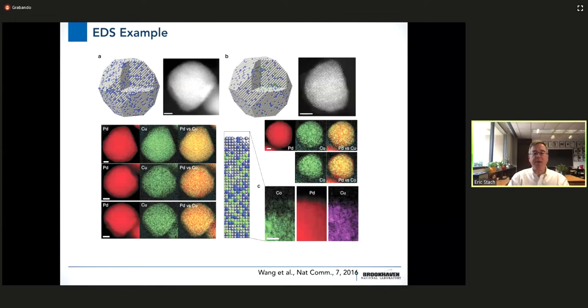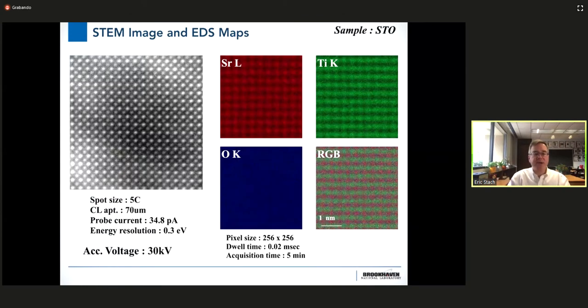But importantly, we can also do this at the atomic scale. Here's an example, again from strontium titanate. We're looking at a high-angle annular dark field image on the left. You see the bright strontium atoms and the lighter titanium atoms. If you take a subsection of this and scan for a while, you can actually detect the atomic columns quite directly by looking at the incident beam's interaction with the sample and the characteristic X-rays that come off.